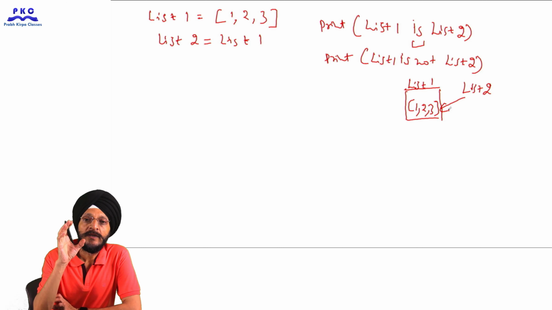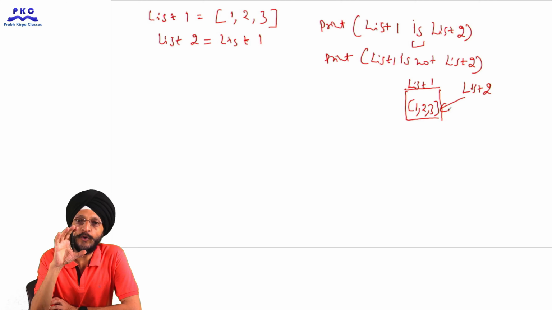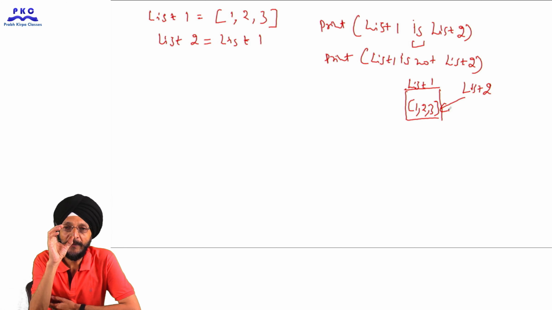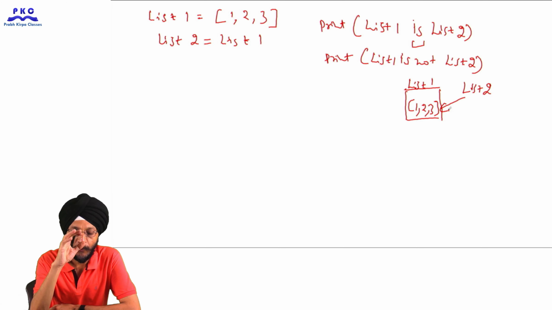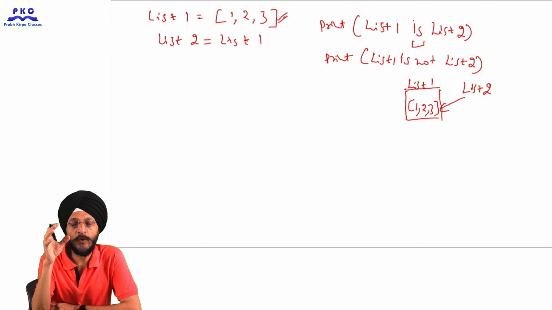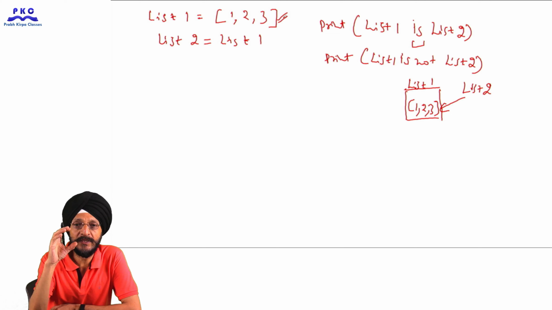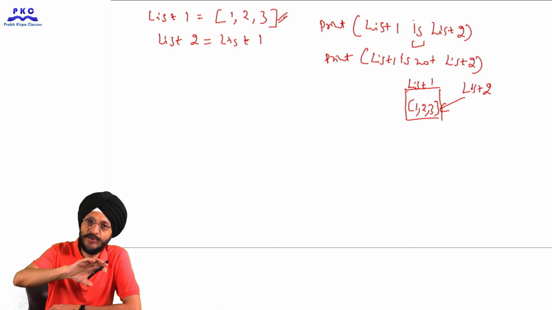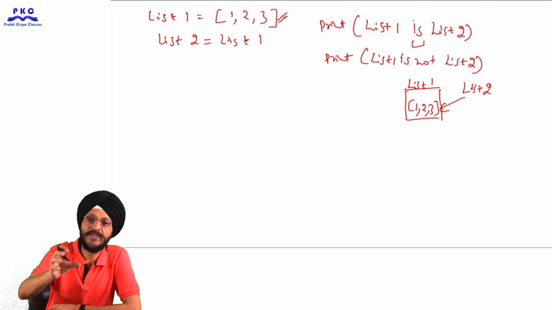So another list has not been created. That is, the memory location of both the variables, list 1 and list 2, will be the same.